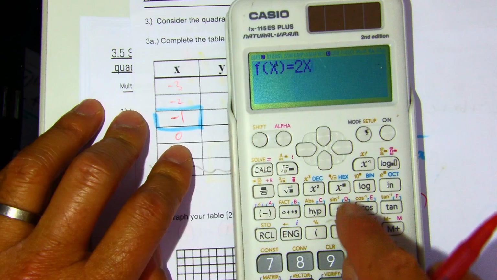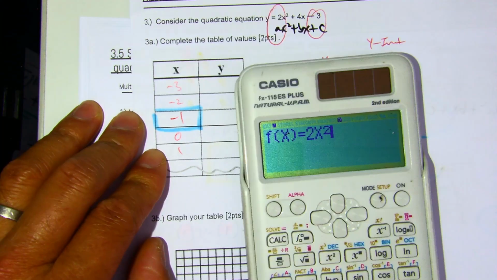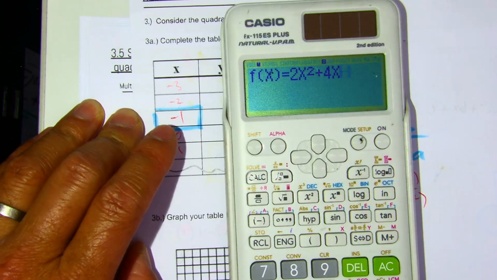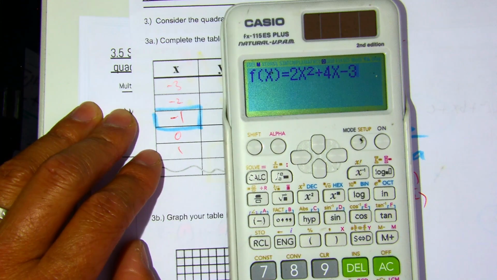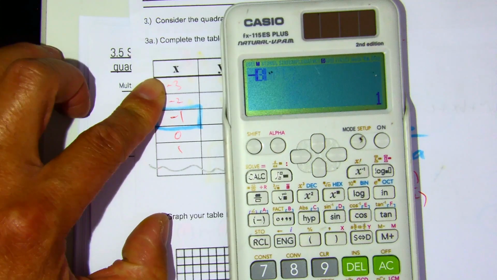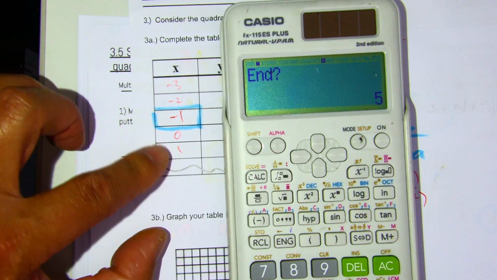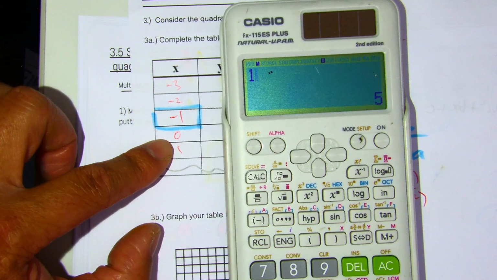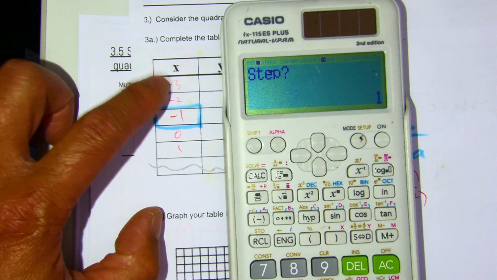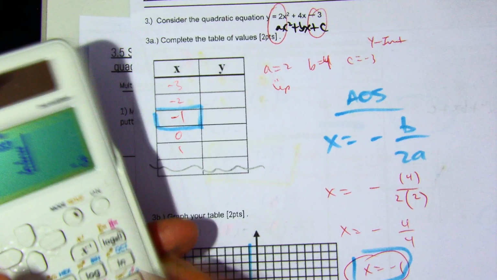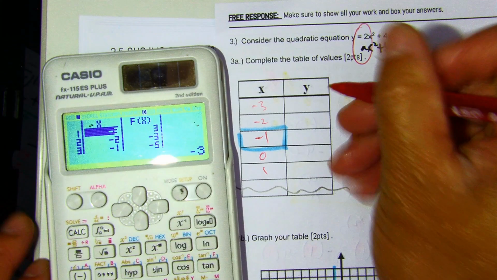Equals, my start is my smallest number, which is negative 3, equals, my biggest number, the end is 1, so press 1 and then equals, doesn't matter what number is there, and we're stepping by 1, adding 1 there. So here are my answers. Negative 3, 3, negative 2, negative 3, negative 1, negative 5, press down, get 0, negative 3, and 3. Okay?